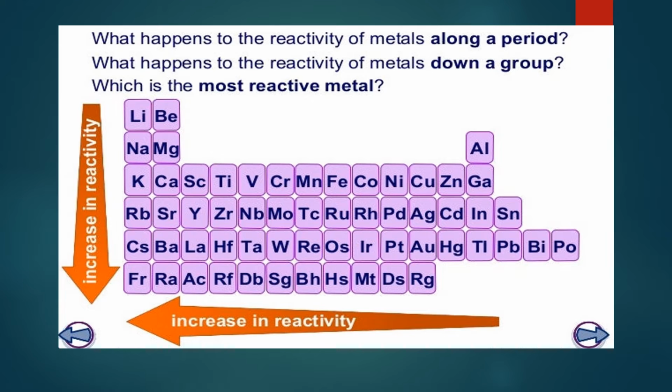It's the same pattern for the rest of the groups or families in the periodic table. All right, let's proceed to the third question, which is the most reactive metal.